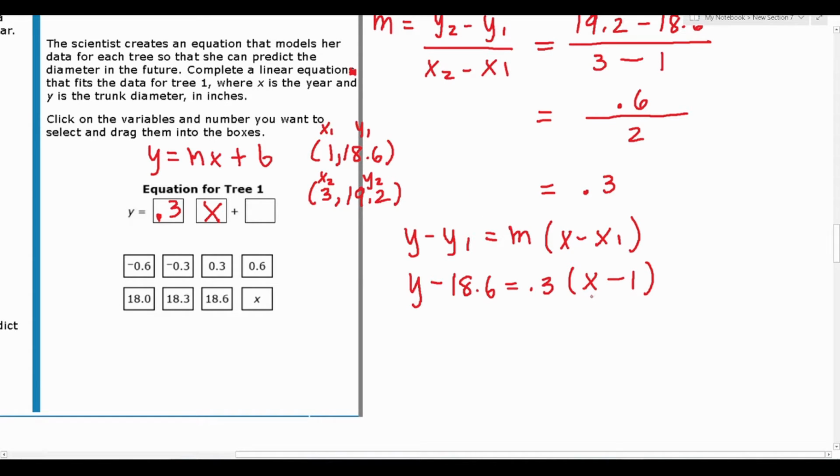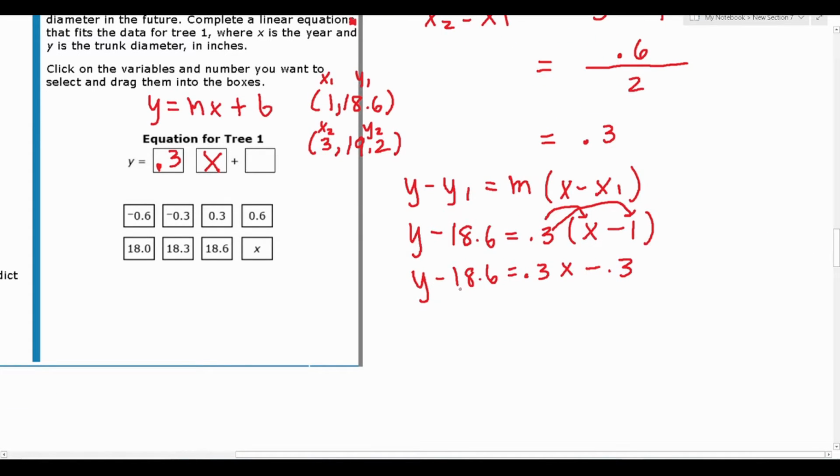Okay, so as our next step, we're going to take this 0.3 and distribute it to this x as well as to this negative 1. So this is y minus 18.6 equals 0.3 times x is 0.3x. 0.3 times negative 1 is negative 0.3. Again, anything times 1 is just itself.